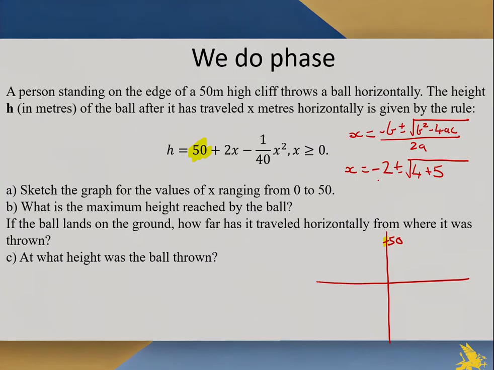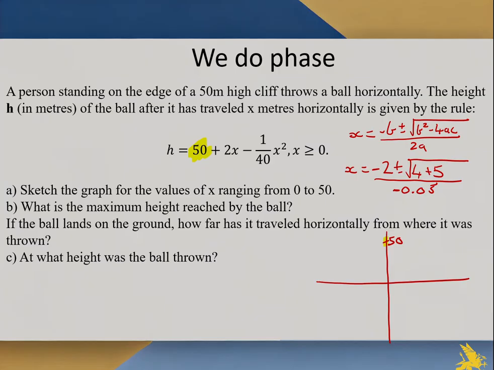So then over 2a, a again is 1 over 40. So that means it will be 2 over 40, which will be a negative. So negative 0.05. I'm just going to move down and do the rest on the left-hand side now.